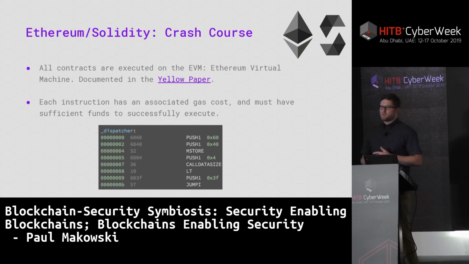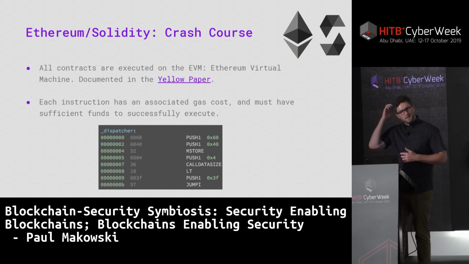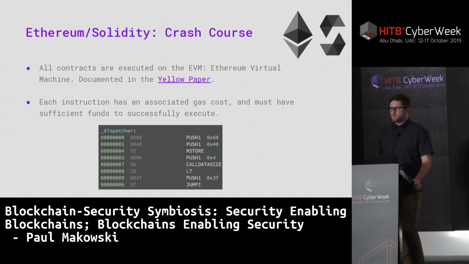And that EVM bytecode is actually what's executed by the Ethereum nodes that are making up the network. And there's a little example of some bytecode there that's been disassembled. You can think of it the same way as x86 or ARM or maybe even Java bytecode that somebody's taking a look at and trying to reverse engineer and find vulnerabilities in.